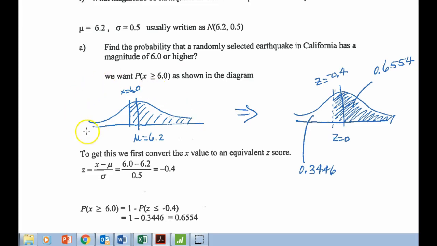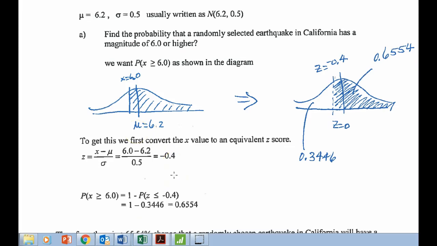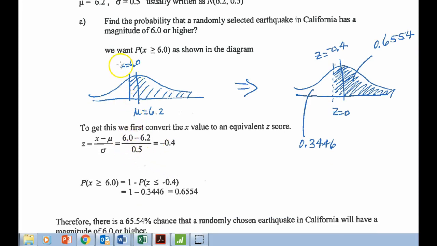I convert the x value of 6.0 to an equivalent z-score using this formula: x is 6.0, the mean is 6.2, and the standard deviation is 0.5. I work this out, I get a z-score of negative 0.4.